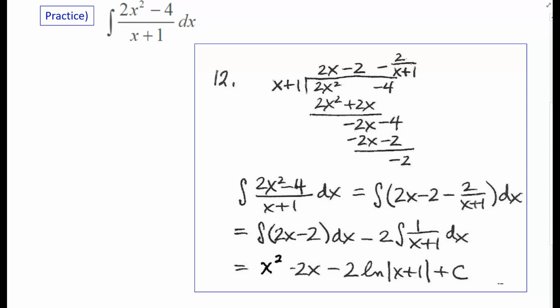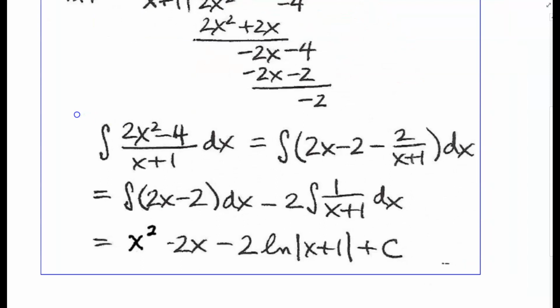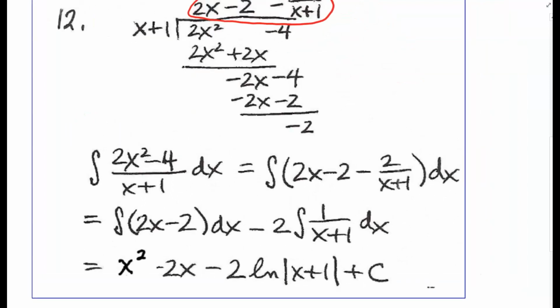In this example, you have multiple steps for long division. So when you long divide, your quotient should be 2x minus 2 minus 2 over x plus 1. Okay, and there's the long division if you wanted to double check that.